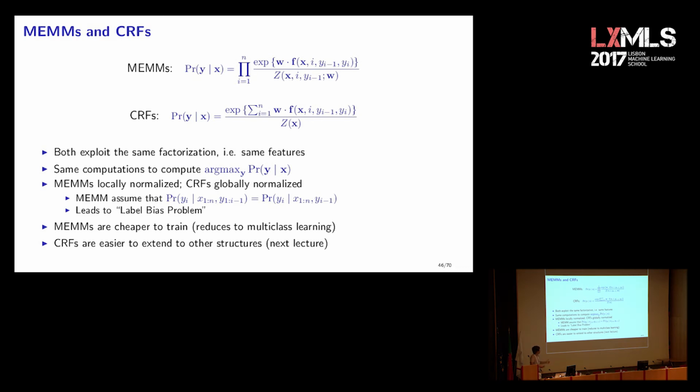The only difference between these two things is at training time, the loss. It's the same class of predictors, but you choose to train it with one loss or with another loss, okay? And this we still see today a lot: are you using a local loss or are you using a global loss?